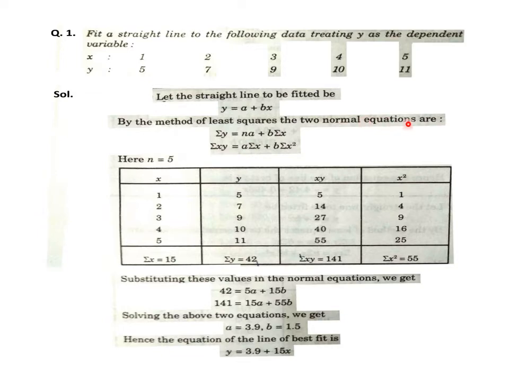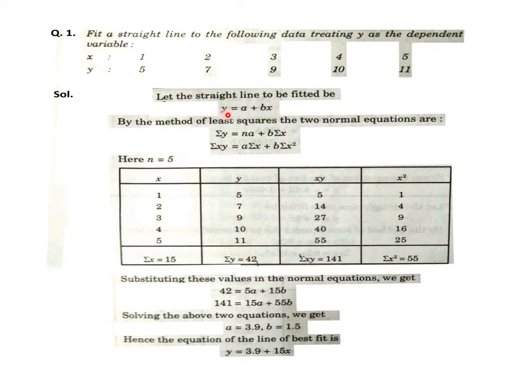shows certain equations known as normal equations, and those normal equations depend upon the form of equation which we want to fit, like y equals a plus bx is that form. First of all, you have to take the summation for each and every term of that equation.